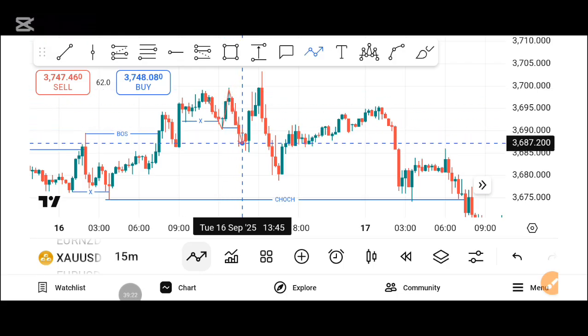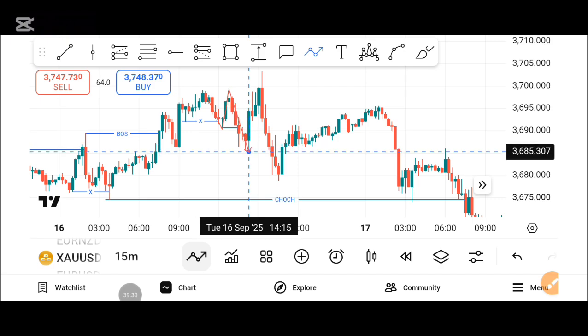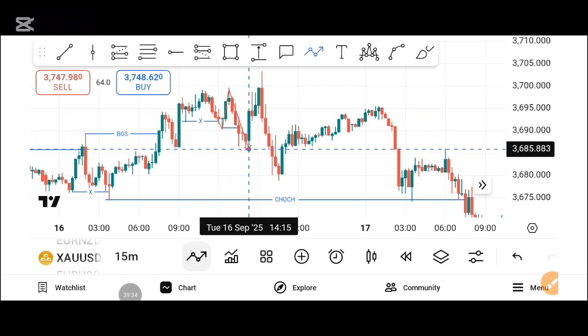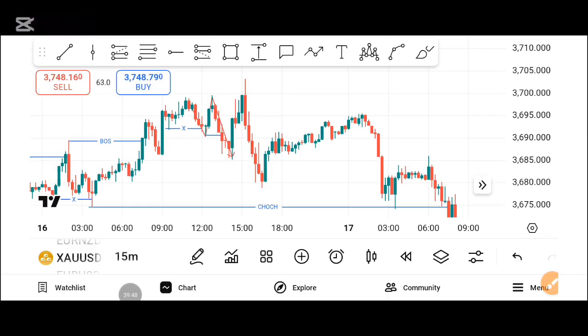We are not in a bearish trend. We are not in a bearish swing, but an internal bearish swing. So after this break of this high here, where is our recent inducement, guys? I told you that in a bearish move, inducement is a recent high.